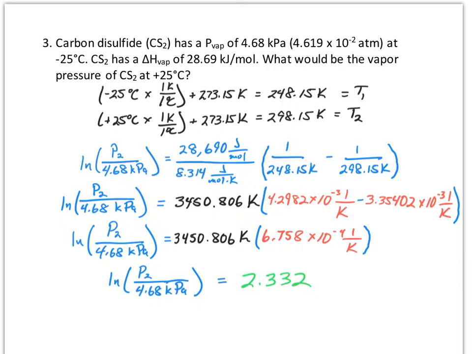It's also given in atmospheres. Again, because of the flexibility of the equation, we could work it in either pressure unit at minus 25 degrees Celsius. So there is a pressure-temperature pair. It has a heat of vaporization of 28.69 kilojoules per mole. And the question is, what would be the vapor pressure at a new temperature of plus 25 degrees Celsius?